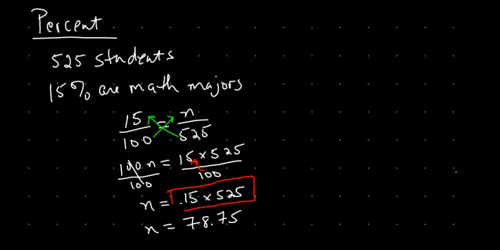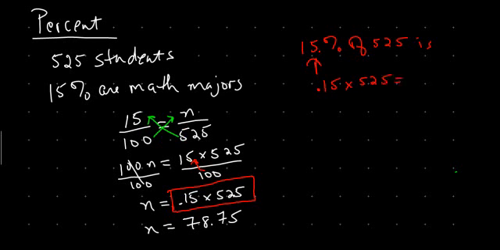Scoot the decimal place over 2 times and multiply. That always works. That is, 15% of 525 is, rewrite 15 as 0.15, move the decimal place over 2 times, and multiply. And that is always how you find a percentage.